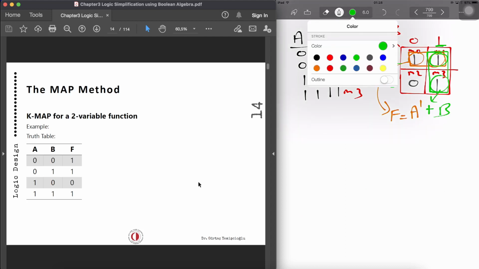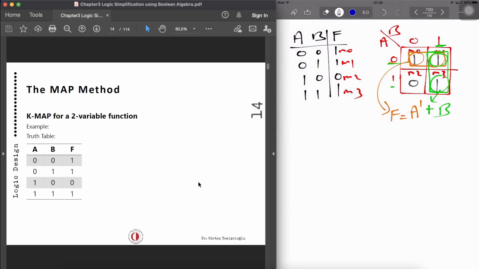Now let's try the algebraic manipulation. F equals A prime B prime, or A prime B, or AB. 3 expressions I can get. Now, when you want to simplify it, I take A prime out: B prime plus B, plus AB.